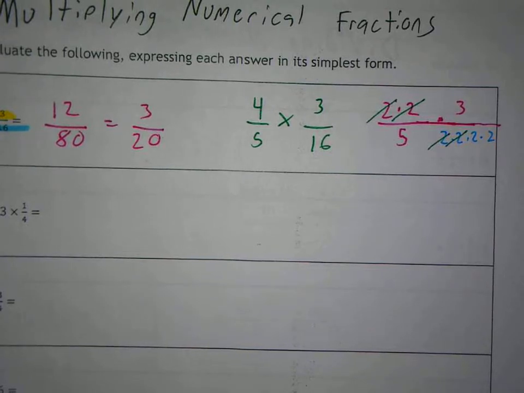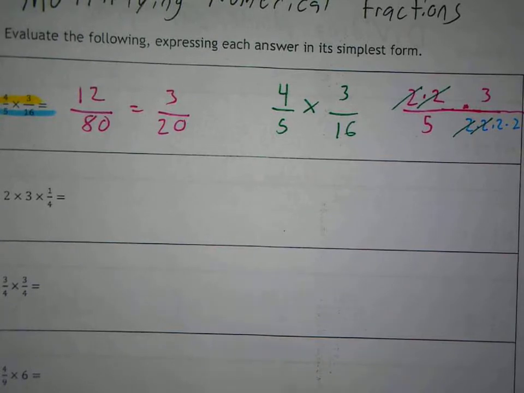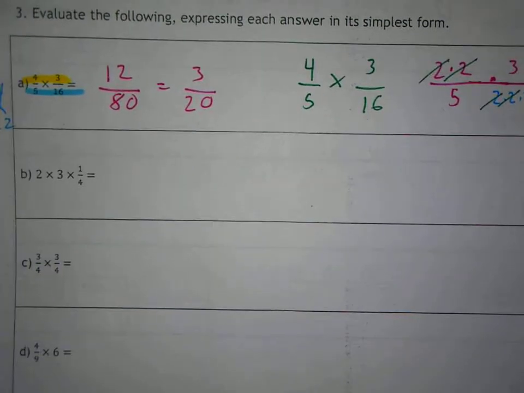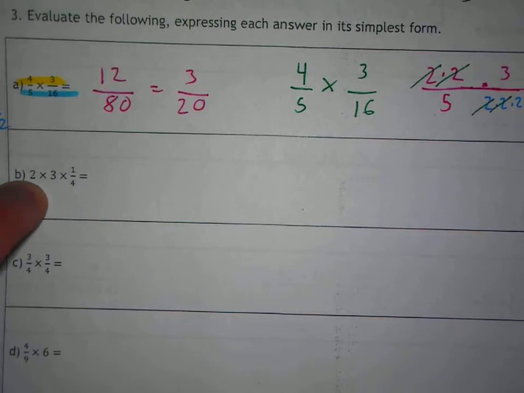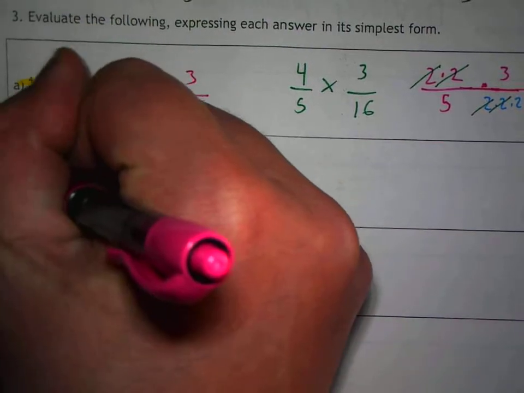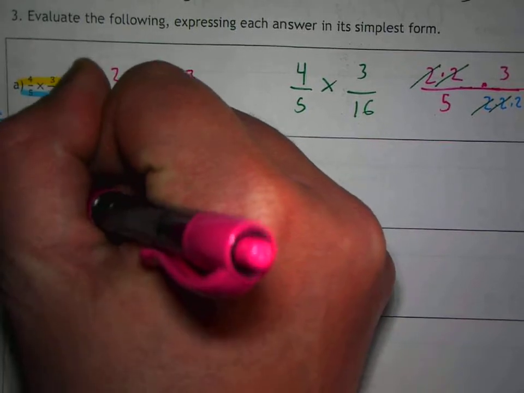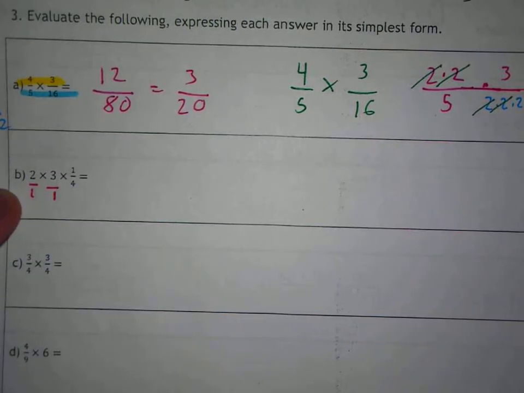Okay. So let's go ahead and do B together. So B, you could write any number as a fraction, correct? So 2, you could write that as 2 what? 2 over 1. And then 3 over 1, right? Okay. And so let's just do it.